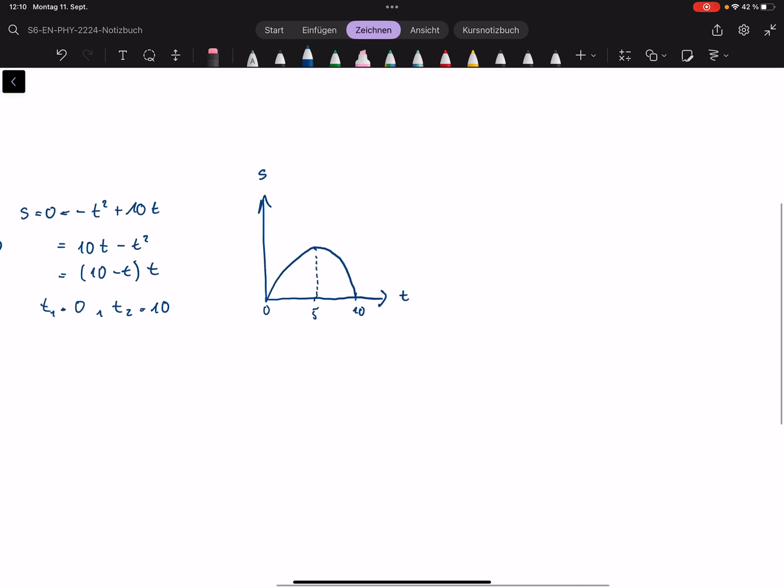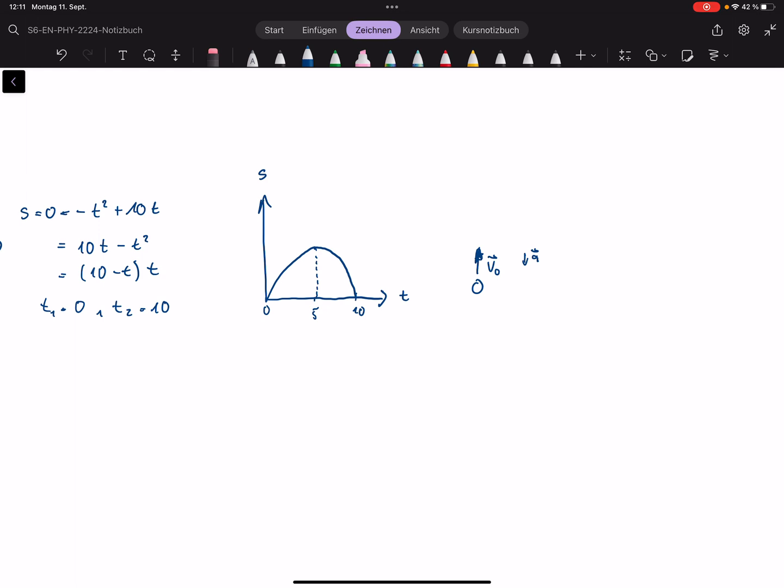Or we have a ball that is thrown with a certain velocity, but at the same time a force is acting downwards and pulling it, or is decreasing its speed.